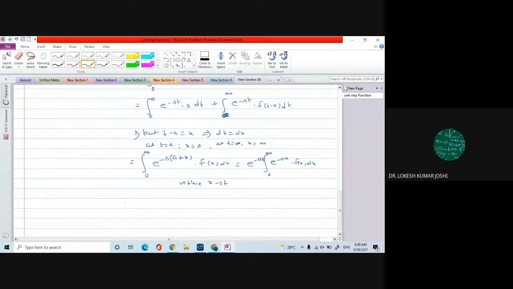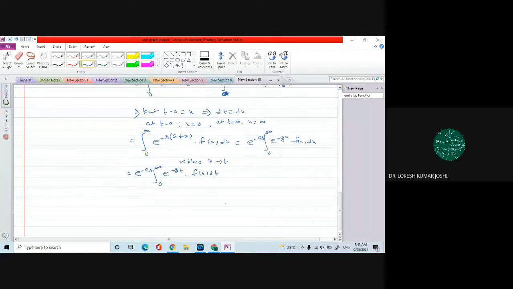The above integral will become e to the power minus as, integral from 0 to infinity of e to the power minus st into f of t dt. And if we see this, the integral from 0 to infinity of e to the power minus st into f of t dt, this is nothing but the Laplace transform of f(t).